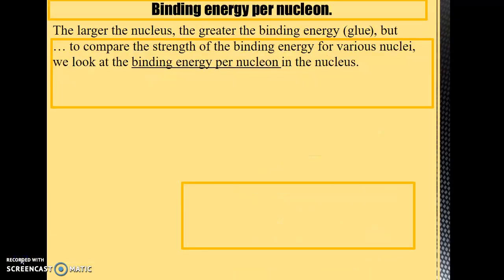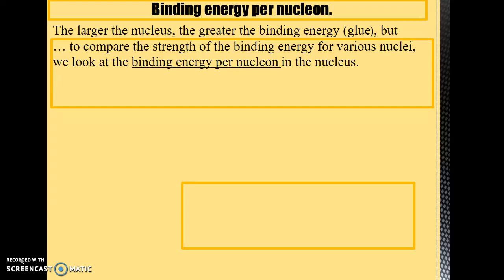Now, in order to compare different nuclei, we're going to have to look at the binding energy per nucleon. So it's like an average for all of the nucleon particles. The larger the nucleus is, the bigger the total amount of binding energy.